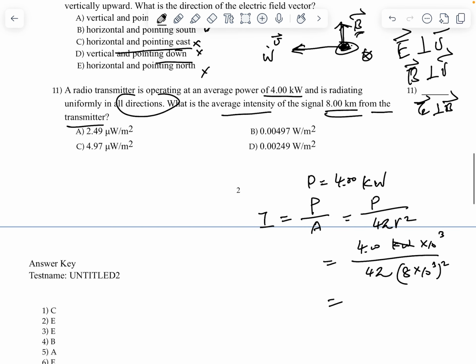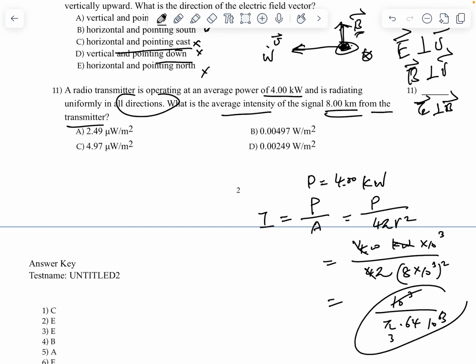This will be the answer: 4 times 10 to the power 3 over pi times 64.